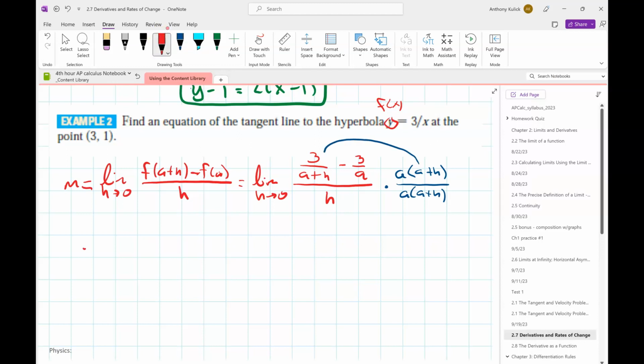So when I multiply a times a plus h to 3 over a plus h, what am I left with? 3a. When I multiply it to negative 3 over a, what do I get? And the denominator, I have that.